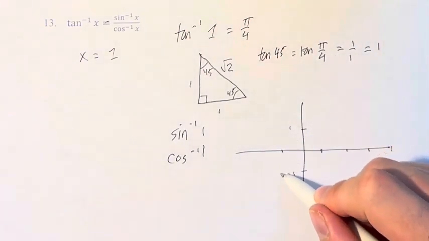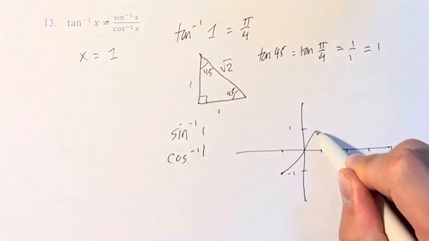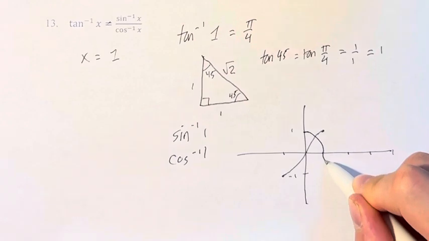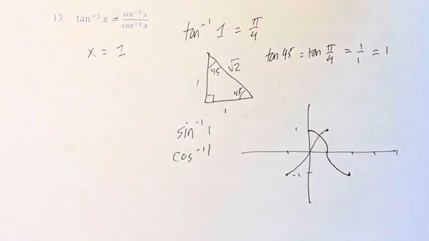So for sine, we go from negative pi over 2 to pi over 2. For cosine, we go from 0 to pi. If we went any further, then it would no longer be a one-to-one function and we can't take its inverse.